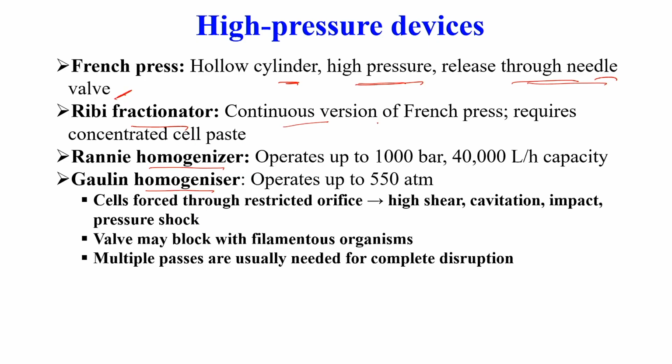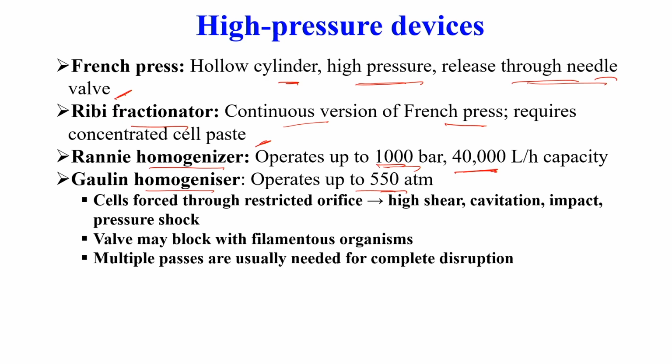This is a continuous version of French press and requires the concentrated cell paste in the case of Rebe fractionator. And Rennie homogenizer, it operates up to 1000 bar and 40,000 liter per hour capacity, and Gaulin homogenizer, it operates up to 550 atmosphere.